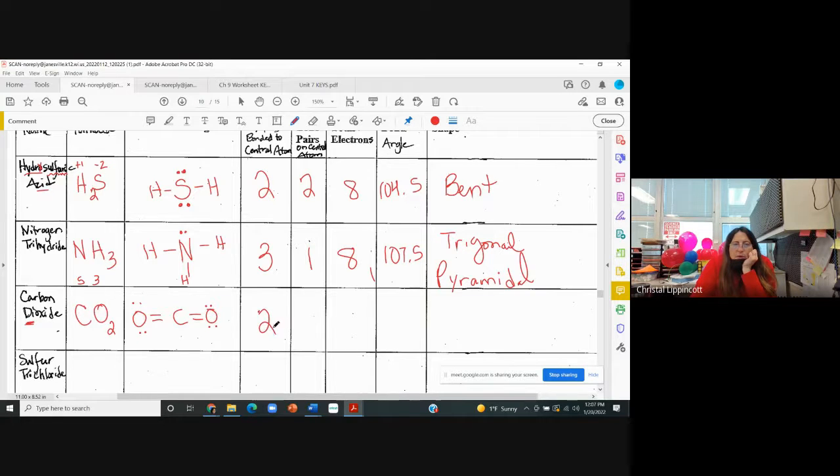Does the central atom have any lone pairs? Okay, total number of electrons, well, I have 4 here, and I have 12 here. So that is a total of 16. This guy is going to be linear, and his bond angle will be 180.